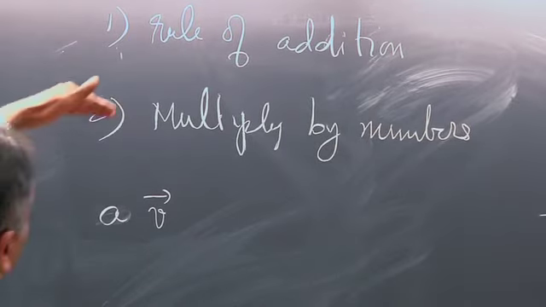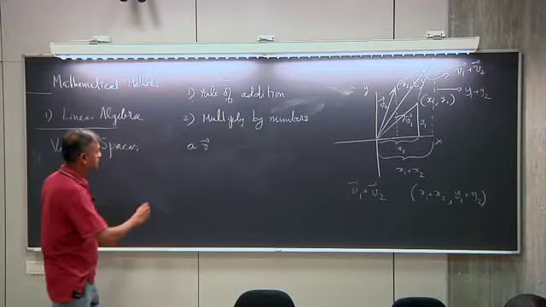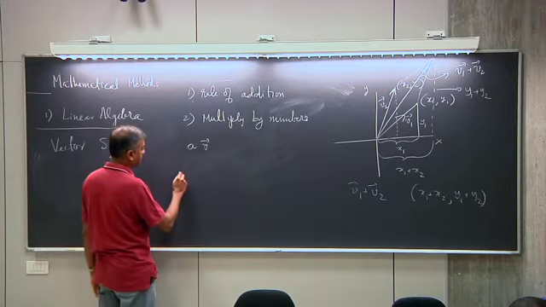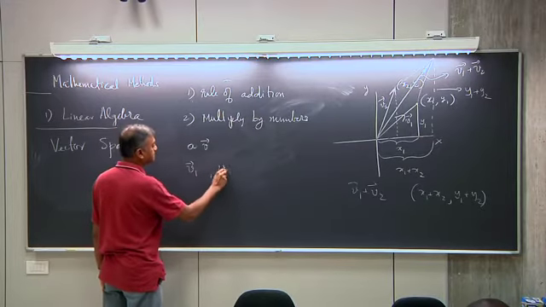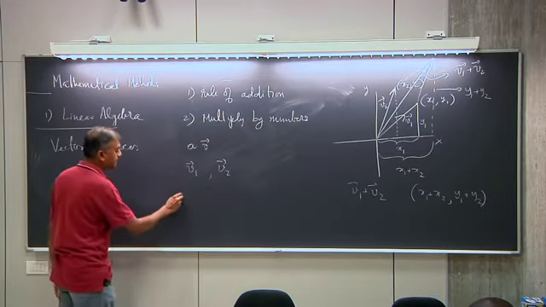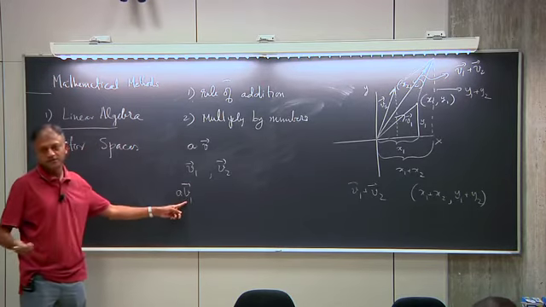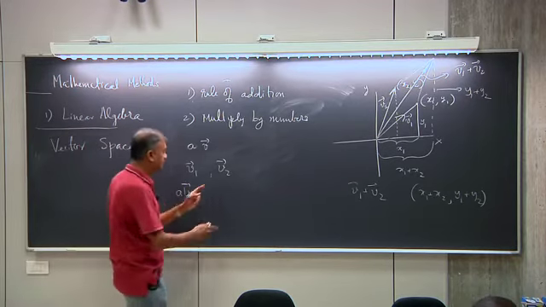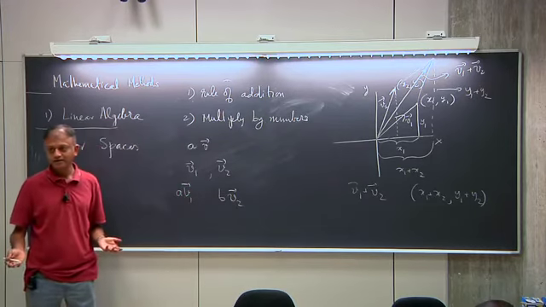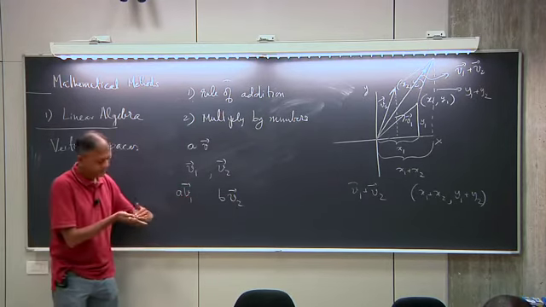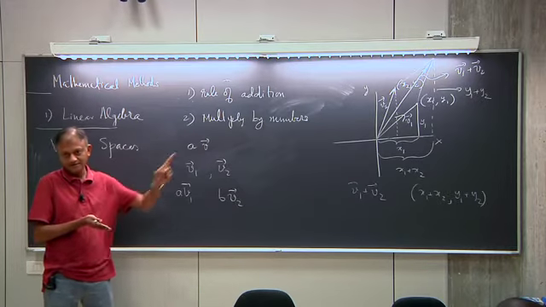Now we can also say a few more properties. Let's suppose I have v1 and v2, two vectors. I can multiply some number a with v1, and it will be another vector. I can multiply some number b with v2, and that will be another vector. This vector just multiplies the length of v1 by a, with the direction the same.